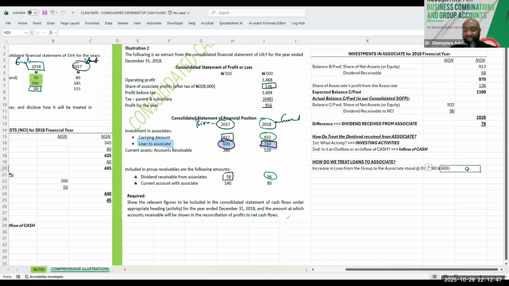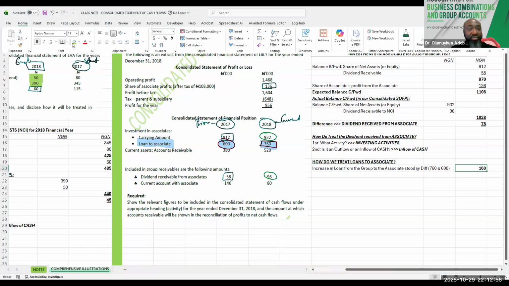And when we look at the difference, 760 minus 600 is 160.